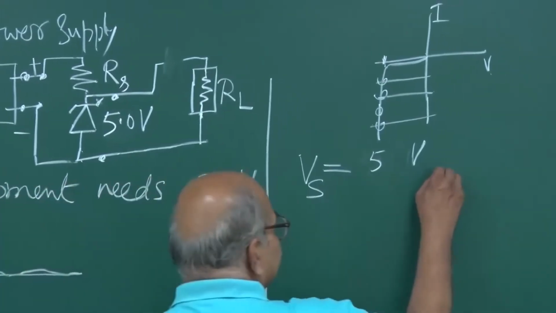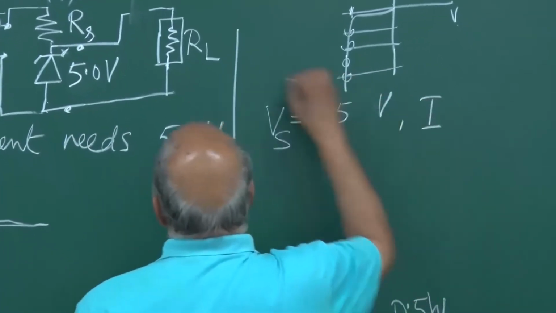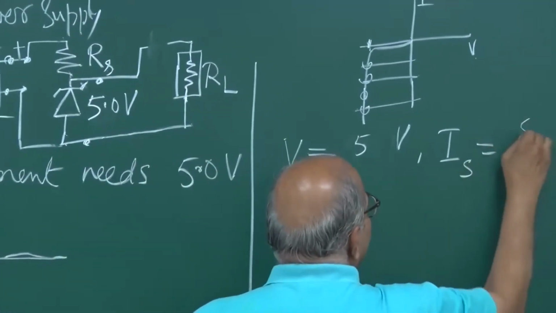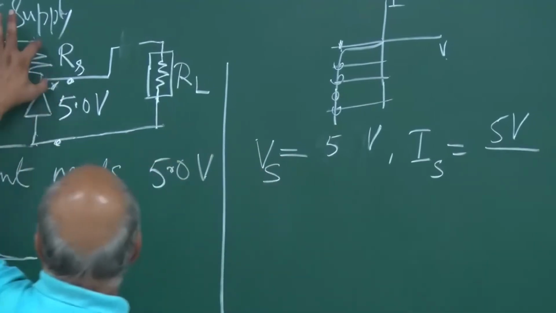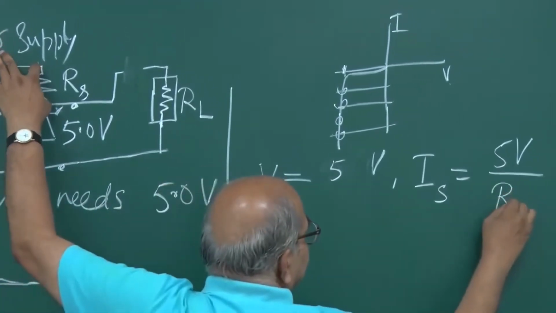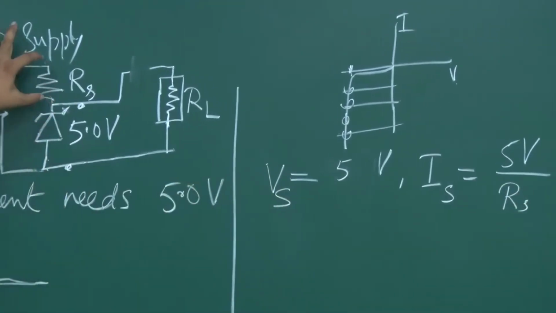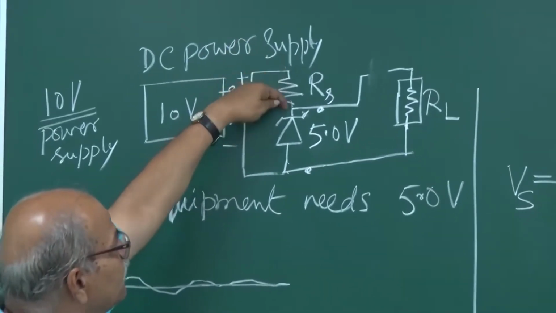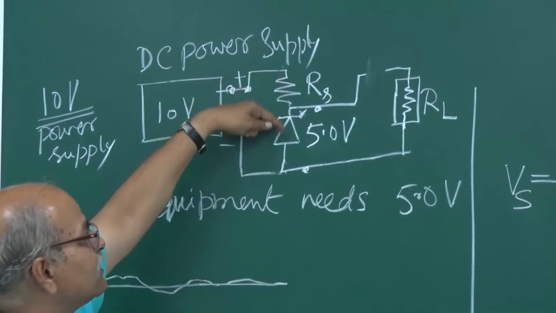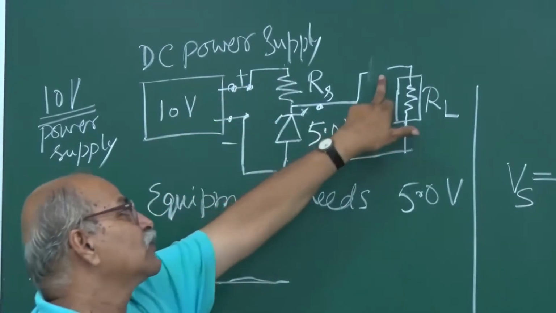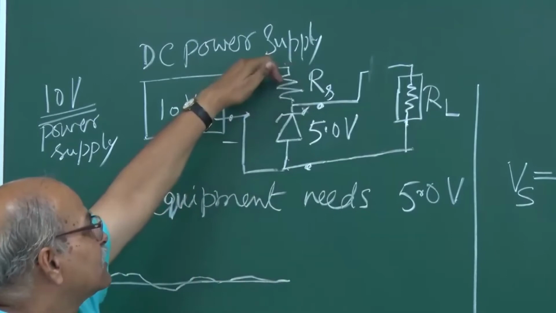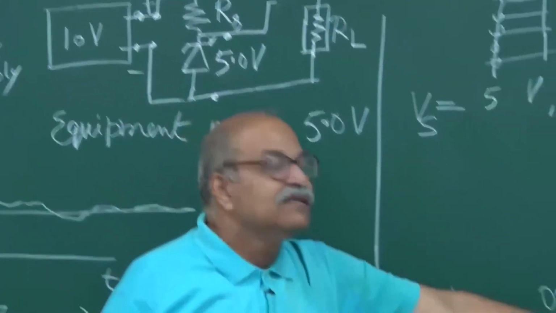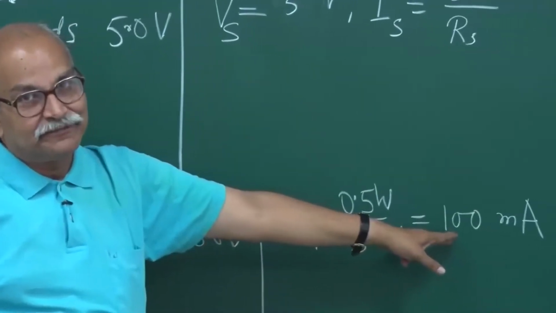Nevertheless, what is the current through this RS? That current will be 5 volt divided by this RS. Voltage drop divided by resistance will be the current. But that same current is going through the Zener, because I have already broken this part. That current should not exceed 100 milliampere.